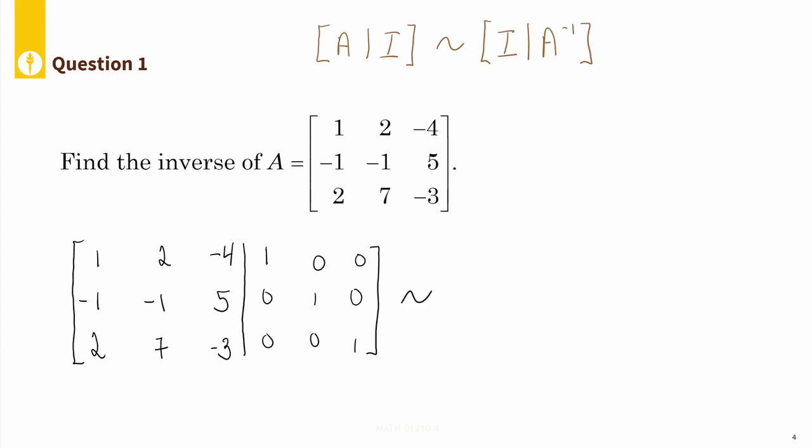What should we do first? R1 plus R2. Do you want to do anything concurrently with that? -2R1 plus R3. And so that should zero out everything in column 1.